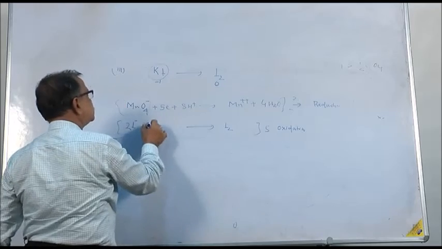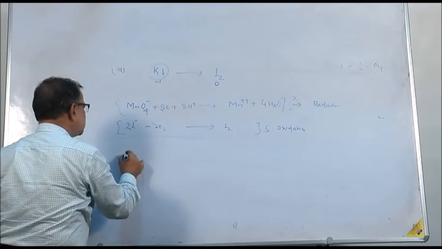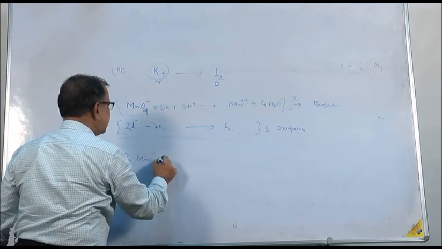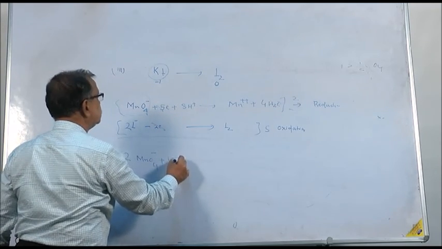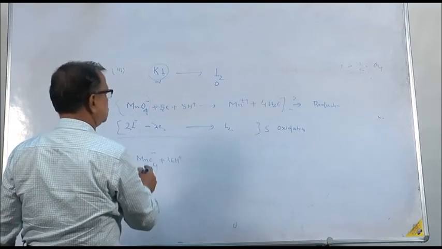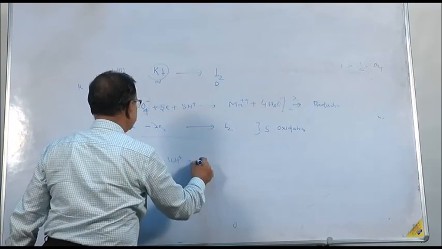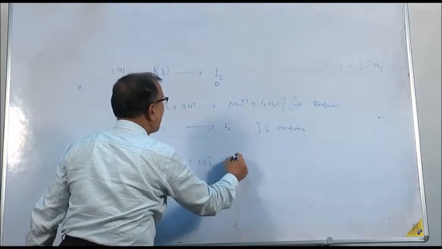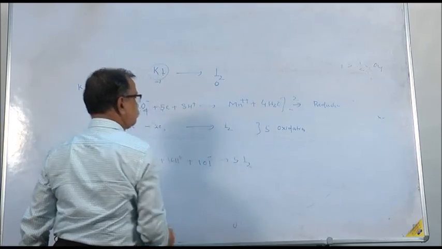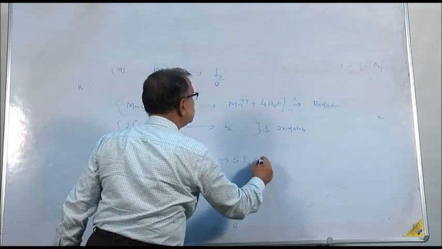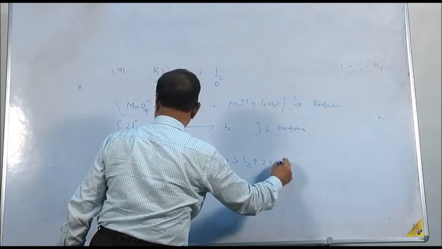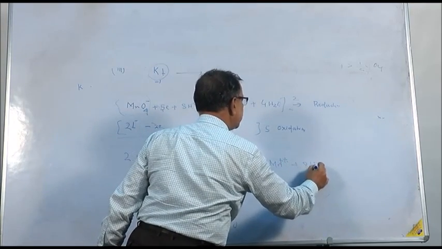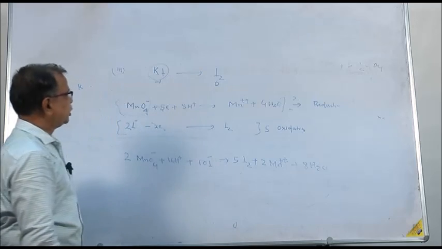We'll get, after cancelling, 2 MnO4 minus plus 16H plus plus 10 I minus, 5 into 2, 10 I minus, will be 5 I2 plus 2 Mn plus plus, plus 8 H2O. The equation is balanced by the ion electron method.